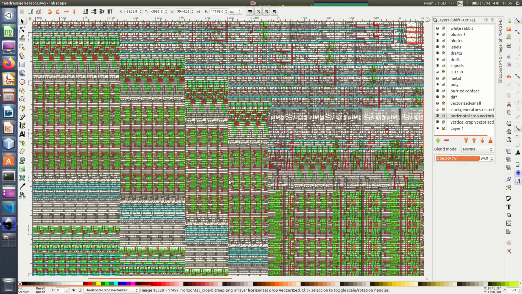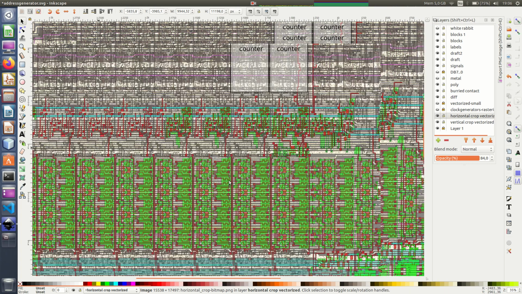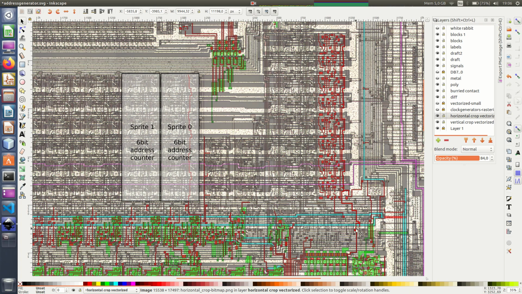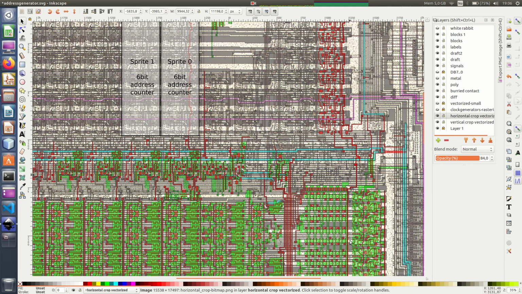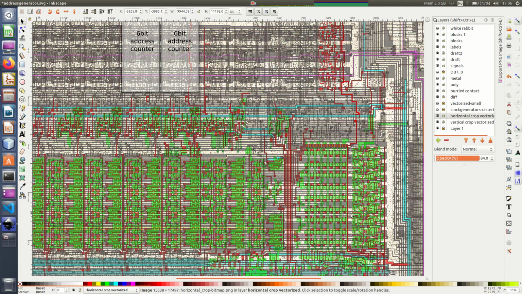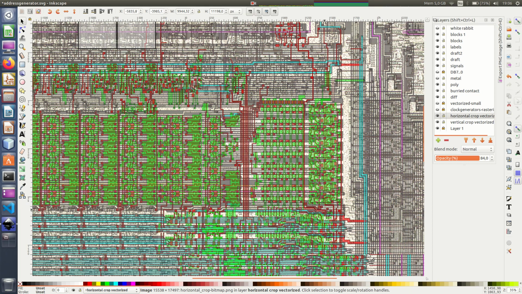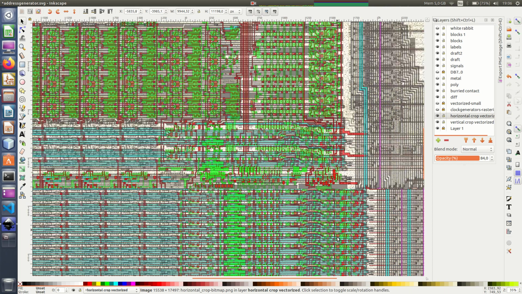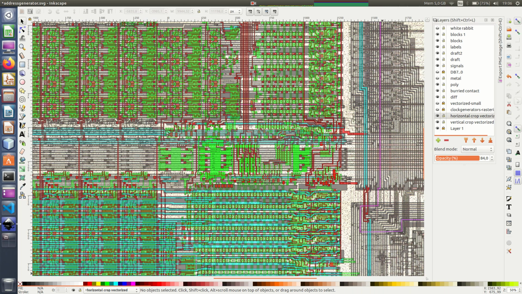I was looking for an enable signal. There's a signal coming in, which I had drawn, which goes all the way up here through the whole counter. So that's an enable signal. And you can also see it goes past this decoder. It doesn't have anything to do with the decoder. It comes down here. Let's go in on it.